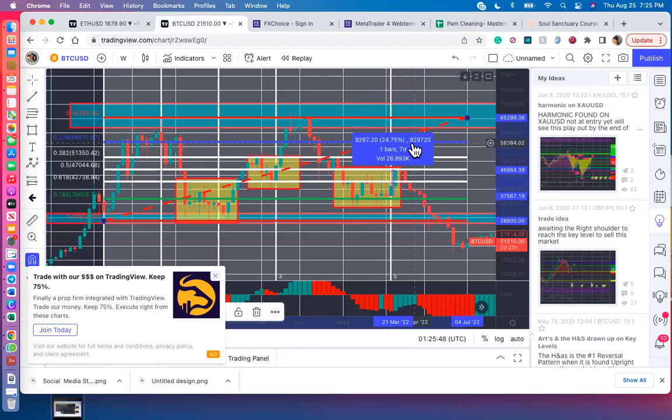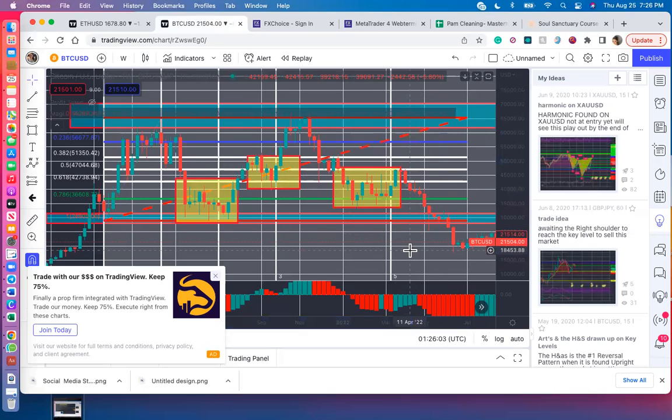So even that little move here would have collected you almost 10,000 pips, guys. That's like 92.97, right? That's a lot of pips just for these two candles here, right? And when this happened, I found this harmonic.